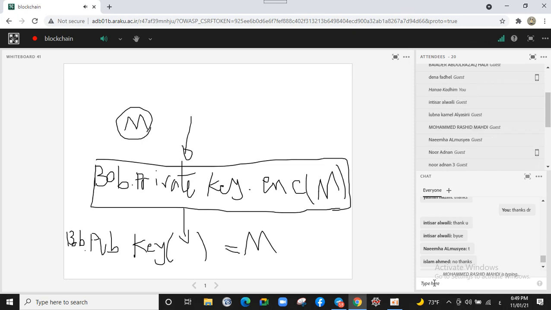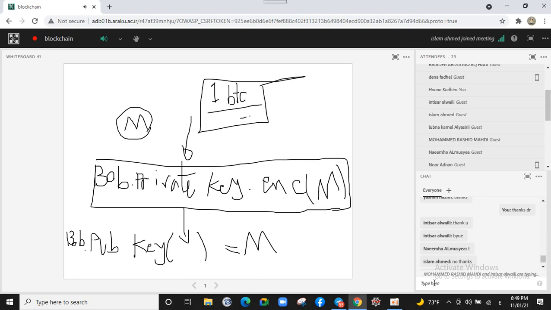For example, I want to create a transaction and pay 1 Bitcoin to someone. To show that it's me spending this money, I must put my digital signature behind this transaction. So others, by checking my signature, can be sure that it's me.